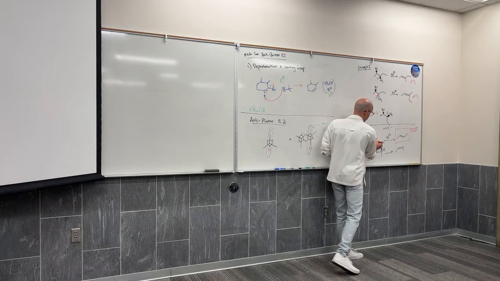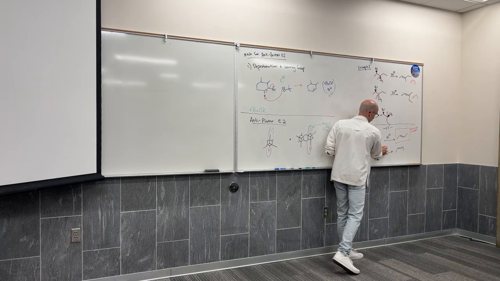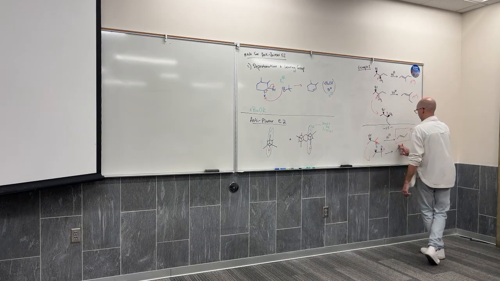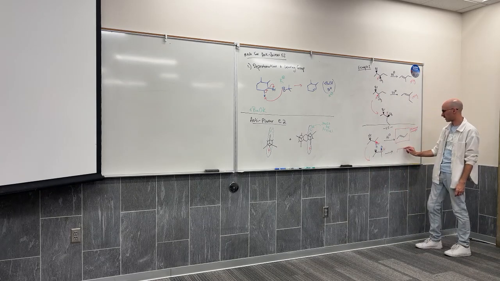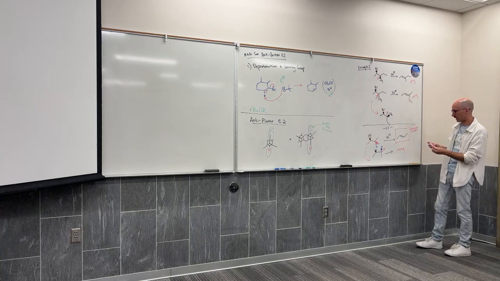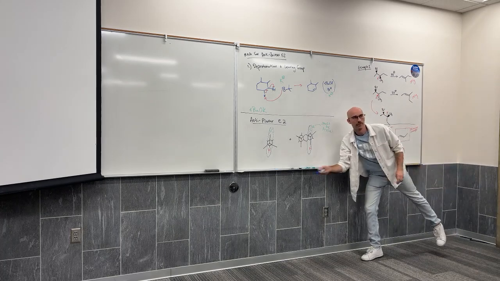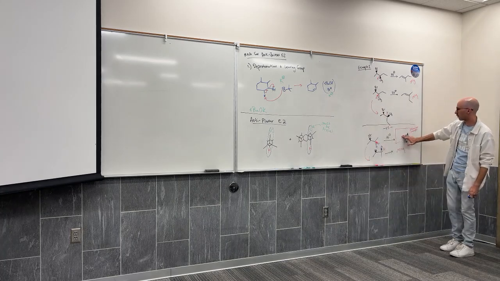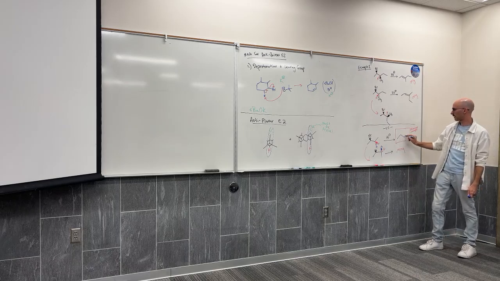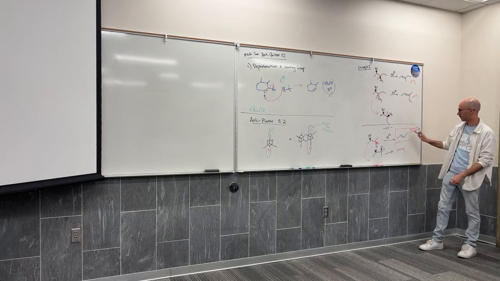And I draw this hydrogen as red, and it's red down here as well. And the product that we form here is from eliminating that red hydrogen. And the product that we form up here is from eliminating that blue hydrogen.